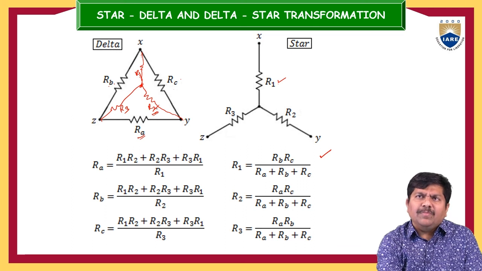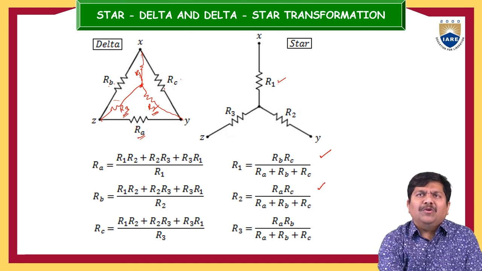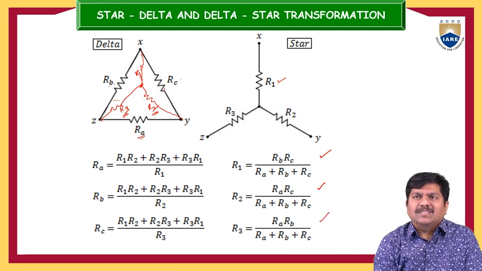This R2 is connected between which resistors? RA and RC. So R2 is equal to the product of RA and RC divided by RA plus RB plus RC. This is the second one. Similarly, if you want to determine R3, this is connected between the pair of resistances of the delta, that is RA and RB. So R3 is RA and RB divided by RA plus RB plus RC. This is the third expression.